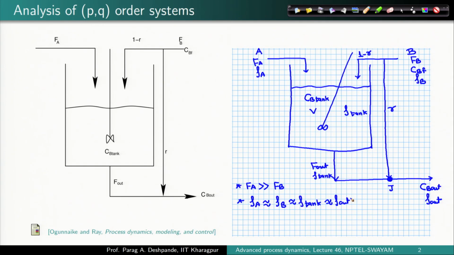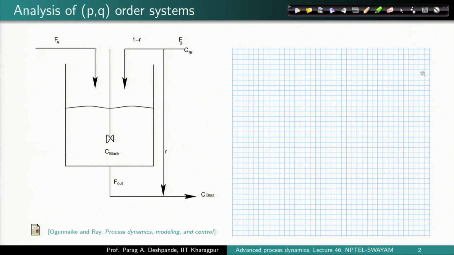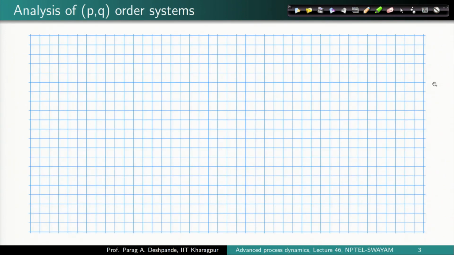This is another assumption that I have made. Now, based on this diagram and these assumptions, I can develop my model equations, which I would like to use for the analysis of my system. So, let us quickly try to write the model equations. Very quickly, the diagram is like this.